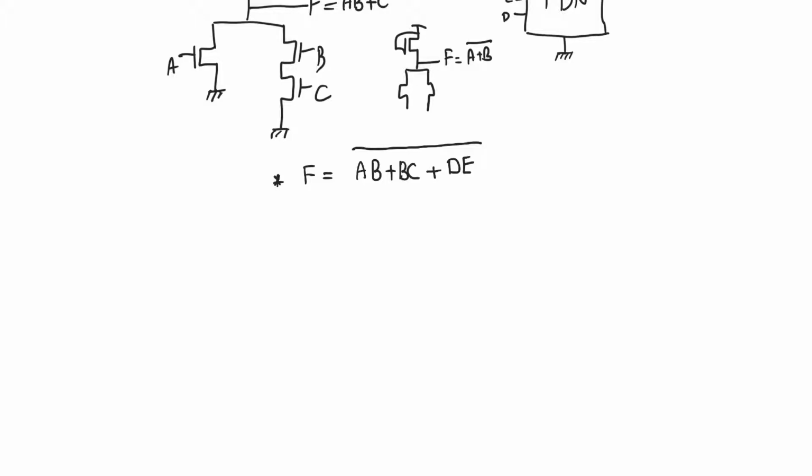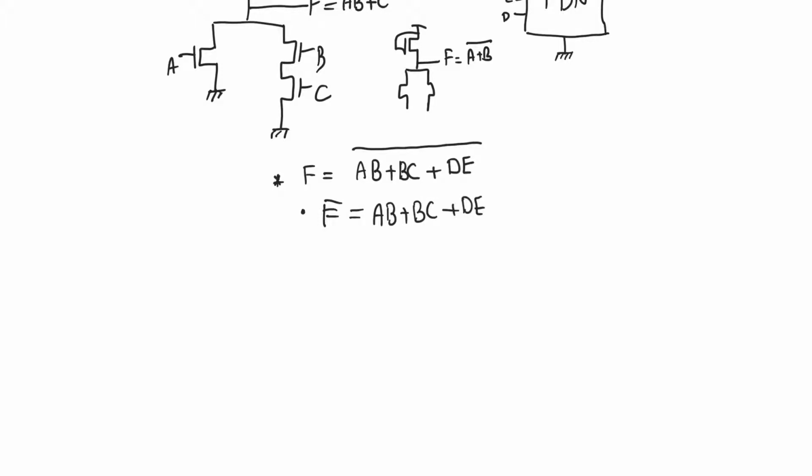There are a number of steps that we can follow to systematically do this. First of all, we obtain the expression of F bar. So we do not work with the expression of F. We work with the expression of F bar. In this case, fortunately, there was a huge bar over the entire thing on the other side. So F bar is equal to AB plus BC plus DE.